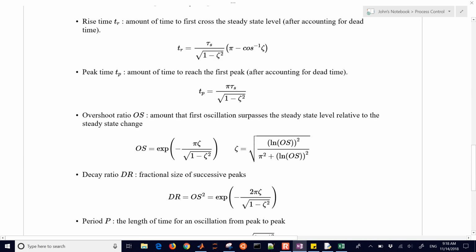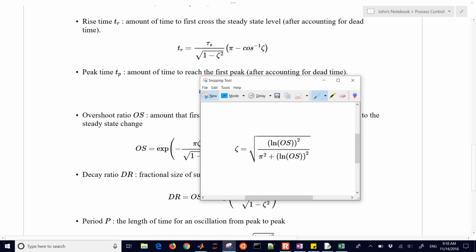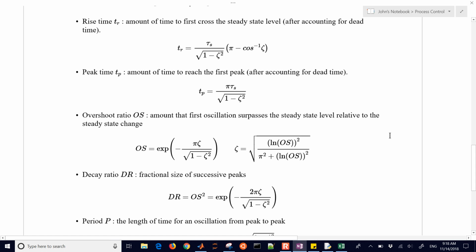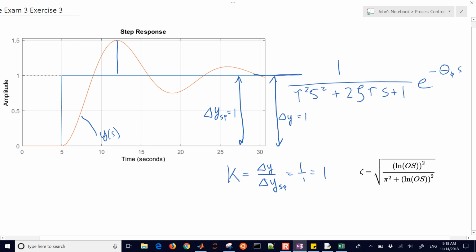So let's come down here. We've got this zeta value right here, and I'll just grab this one so we can see the formula. Okay, and then we'll come back down. I'll just paste this in here. There's our zeta formula. And so we need to first of all get our overshoot. So this was going to be B, that's going to be 0.5, and then our A is 1.0, and so our overshoot is going to be B divided by A, which is 0.5.